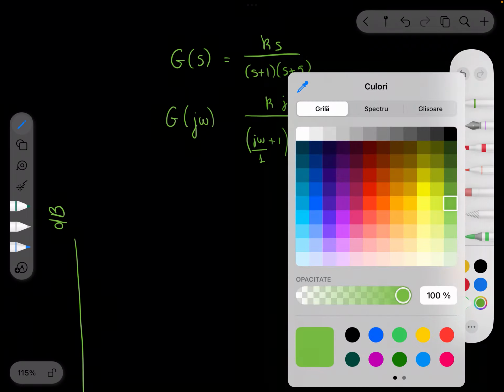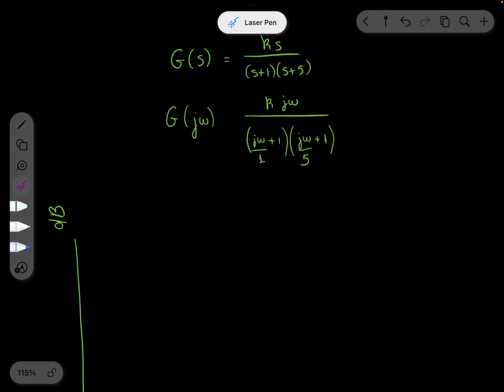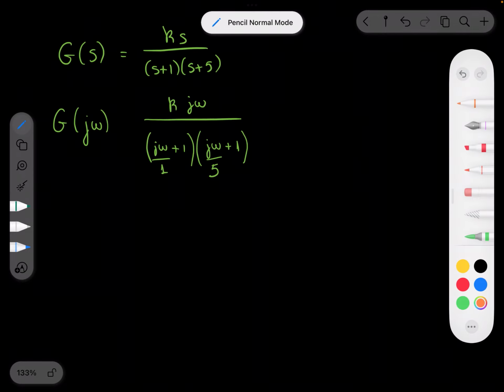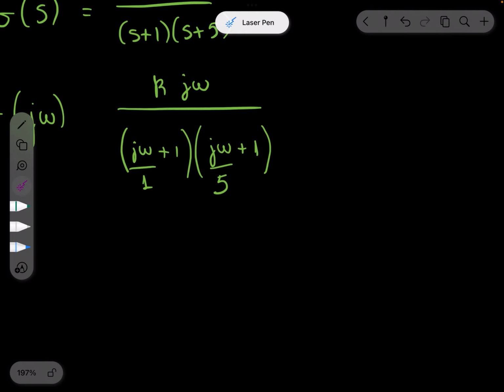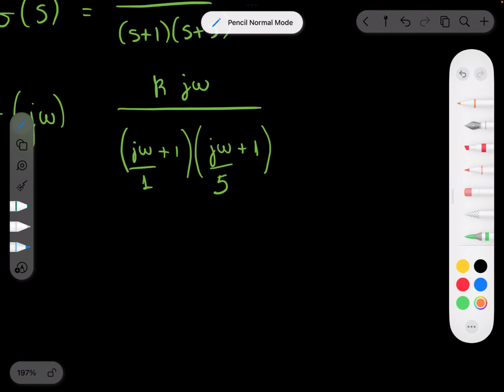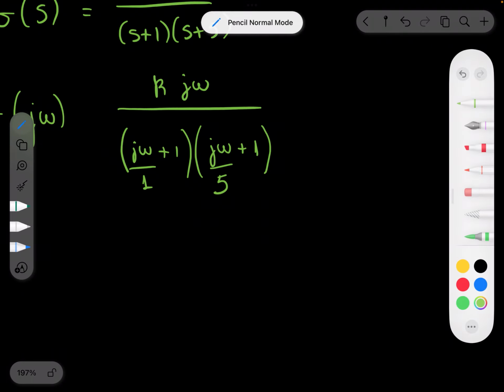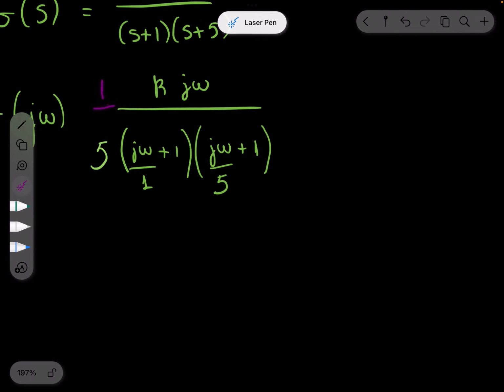Let's say K. If we're going to be plotting K, one thing we forgot. Here, since we're dividing by 1 and 5, 1 times 5 equals 5, so we're going to have to add the value of 5 outside the bracket. This is your value of K. So basically, 1/5 is your value of K.